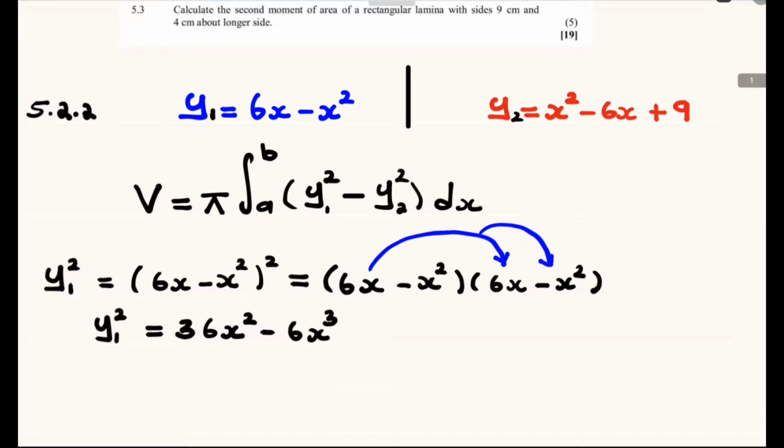And now we distribute the negative x squared inside the other parentheses. Negative x squared multiplied by 6x will be equal to negative 6x cubed. Negative x squared multiplied by negative x squared is positive x to the power 4.